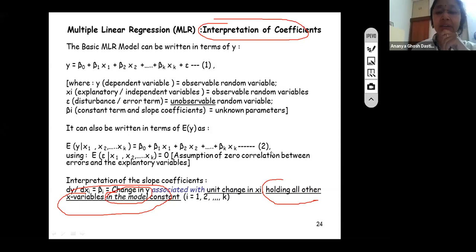If it is taking just 0, 1 values, you can still use multiple regression, but it is also advisable to use a logit model, which you'll be looking at later. But if it takes all kinds of values in a 0 to 1 range, you can use multiple regression. There's nothing really wrong with that. If it has a lot of zeros, that can be a sort of way out.